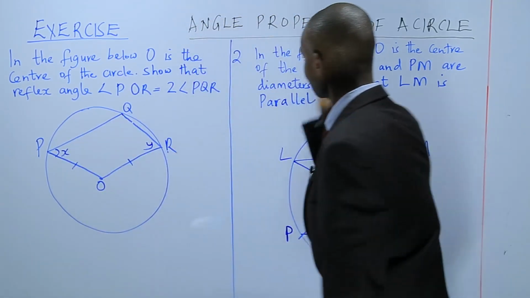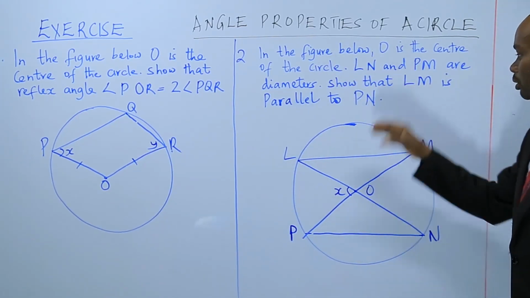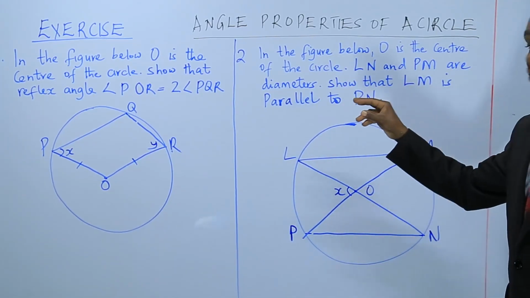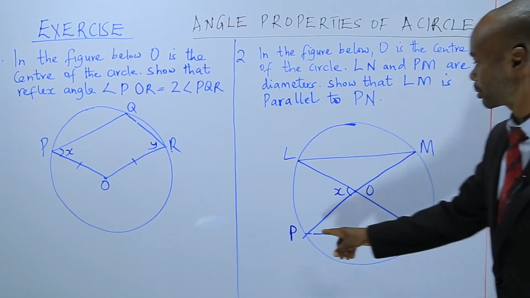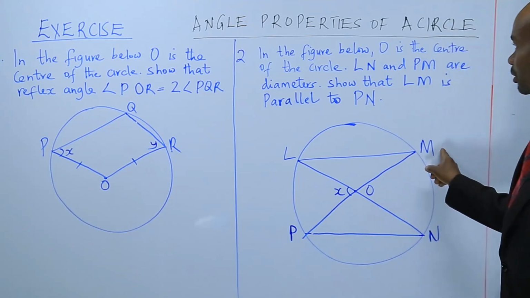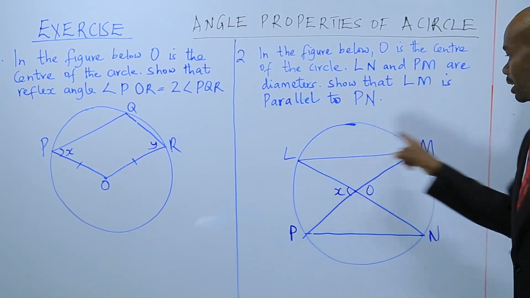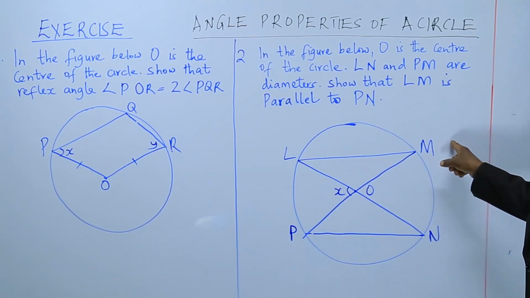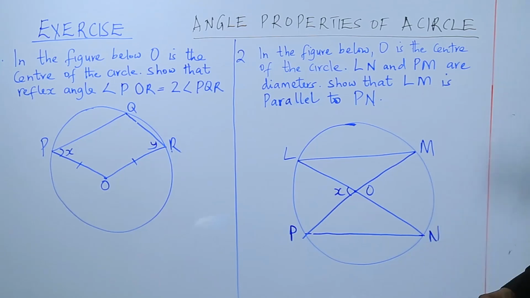In the second question, in the figure below, O is the center of the circle. LN and PM are all diameters. Show that LM is parallel to PN. Those will be the questions for the assignment.